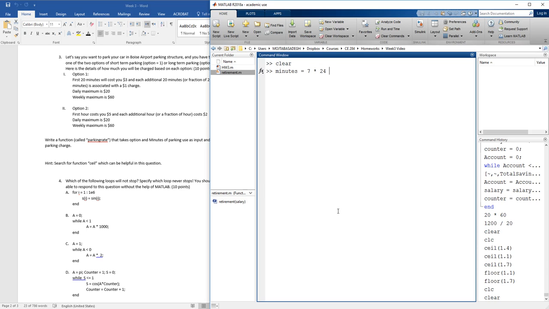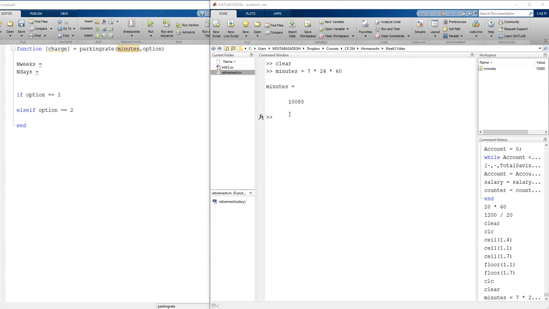Each day is 24 hours, and each hour is 60 minutes, right? 7 days, each day is 24 hours, each hour is 60 minutes. So that's the number of minutes within each week.